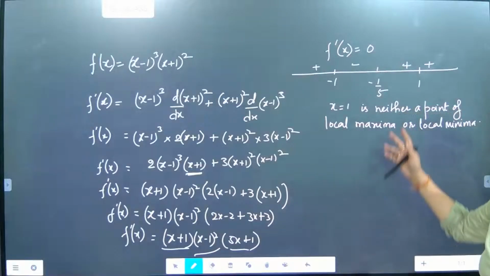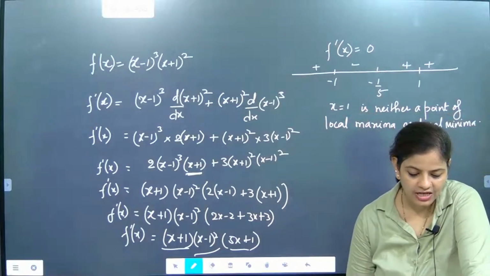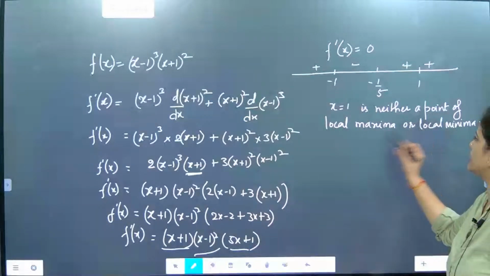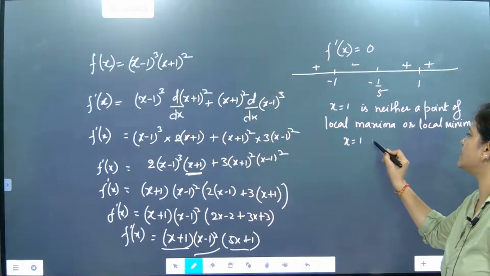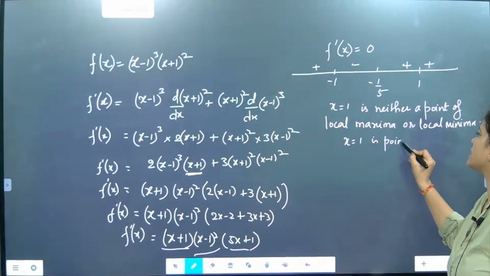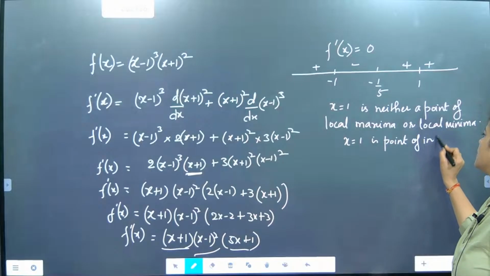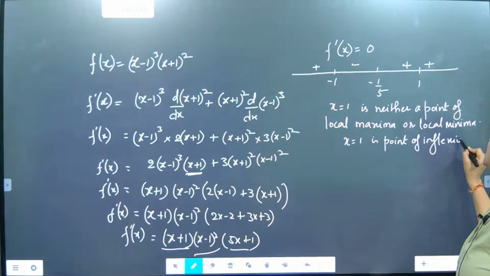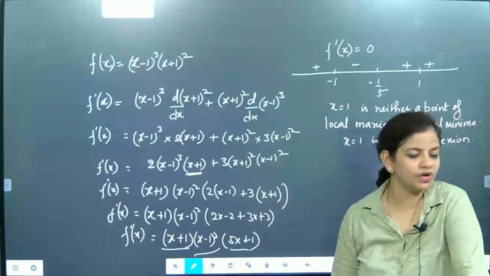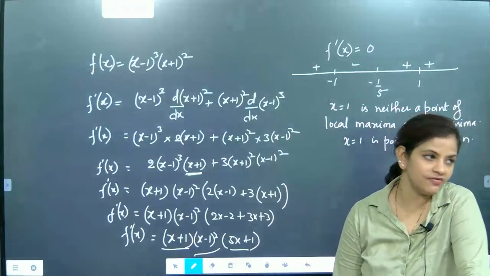Understood? So that is the point of inflection. What is it considered as? It is called the point of inflection. So x is equal to 1 is a point of inflection. What is this beta? It is a point of inflection. What is this Vishwa? Point of inflection.